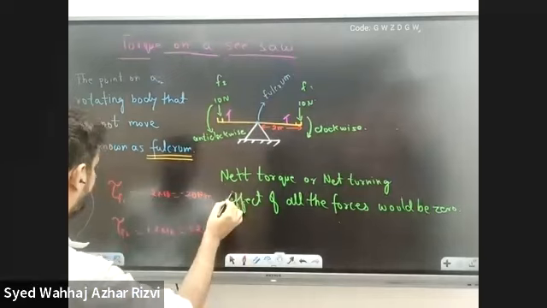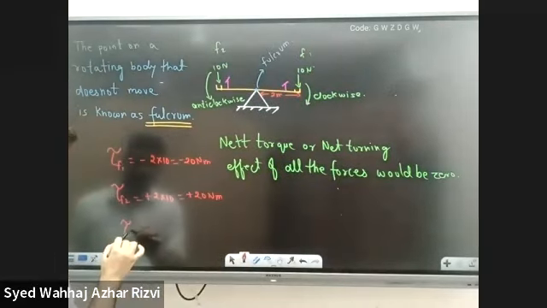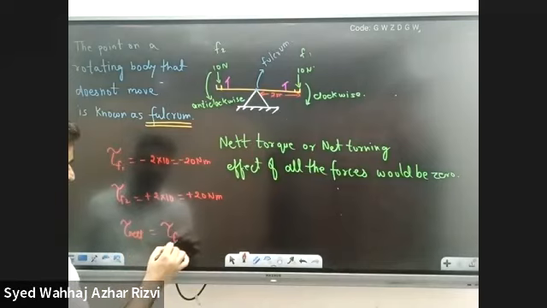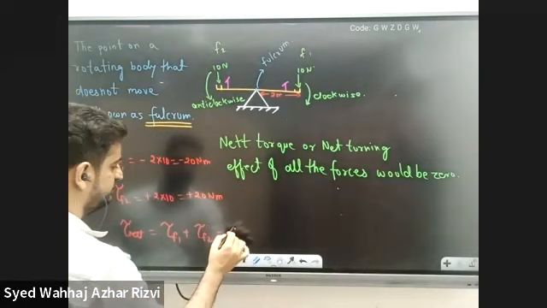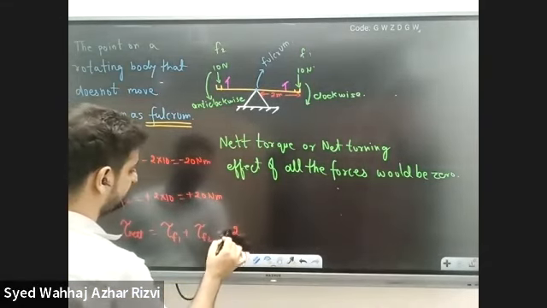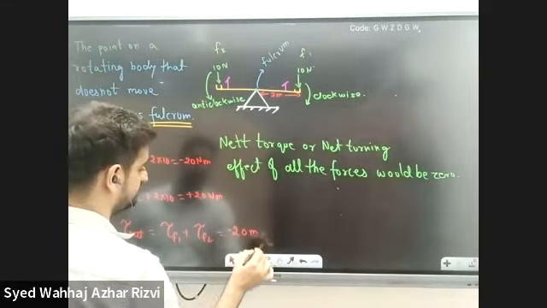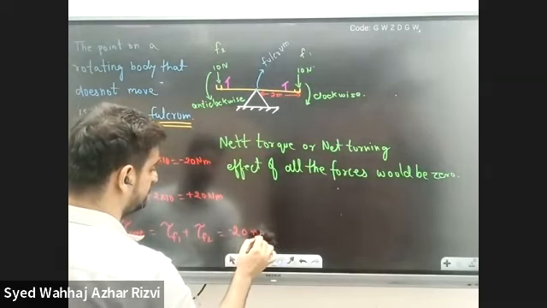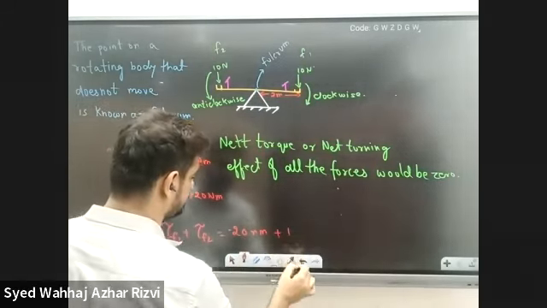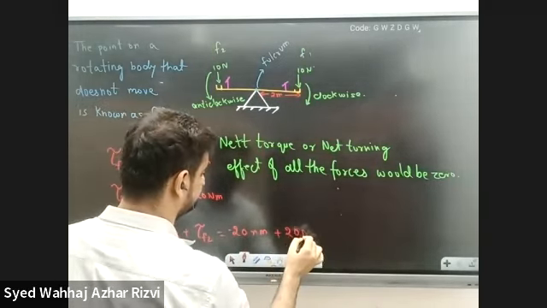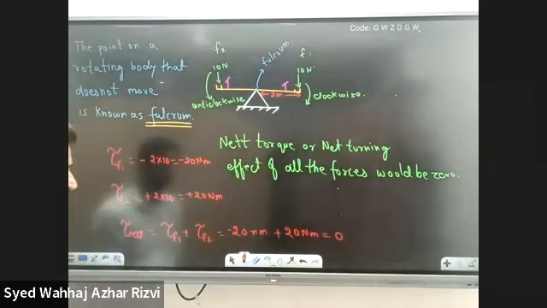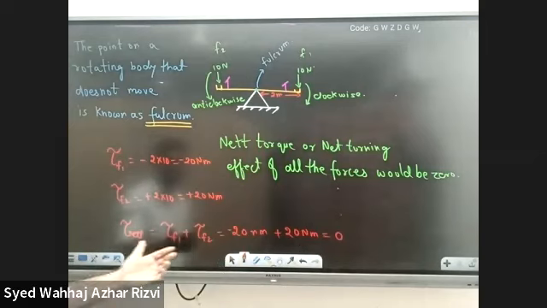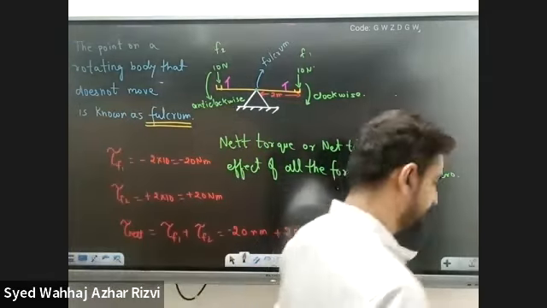If we add it up, the net torque, tau due to F1 plus tau due to F2, would be negative 20 Newton meter with positive 20 Newton meter, which would make it 0. That would be a total 0 turning effect or 0 torque. Got it?